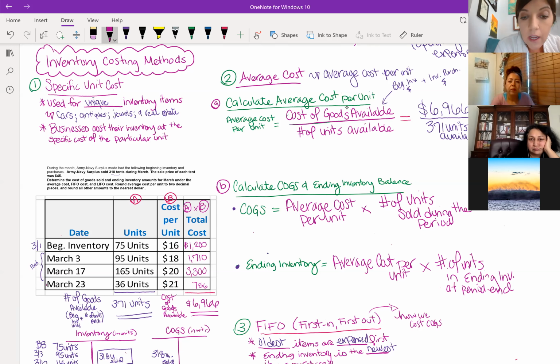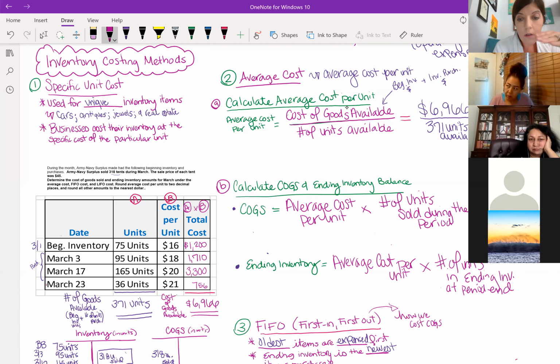Is 18.78 between that range of 16 and 21? Yes, it should be. It's just a check. If you're calculating an average cost that's outside of that range, then you know that you made a calculation error somewhere.